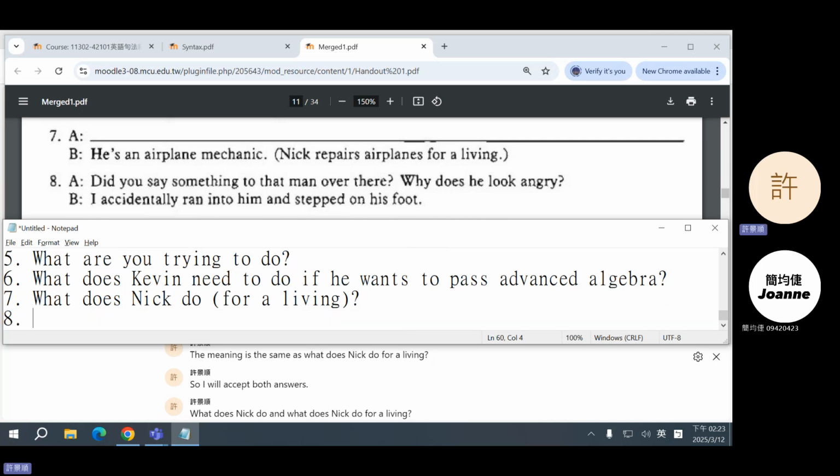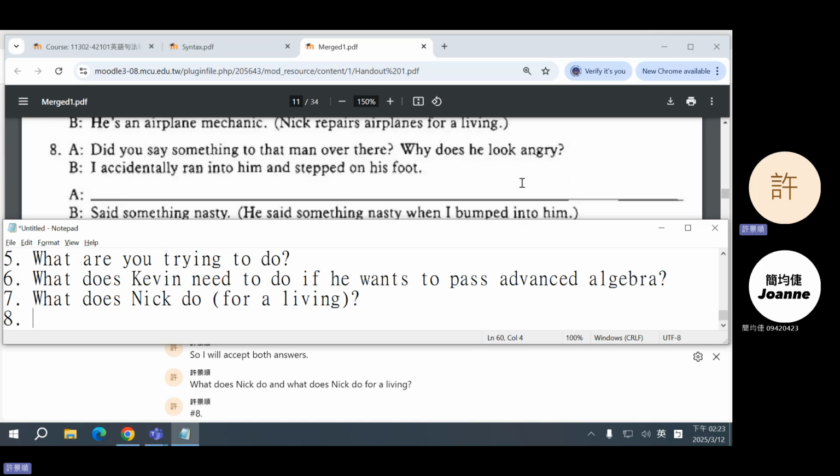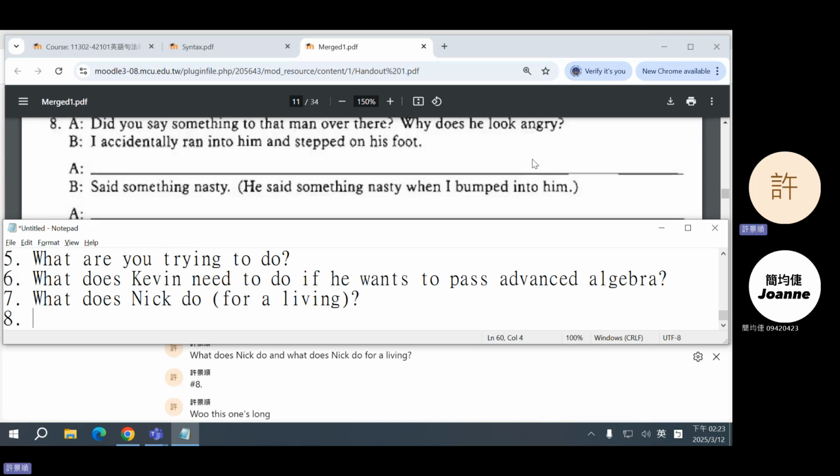Number 8. Ooh, this one's long. Did you say something to that man over there? Why does he look angry? I accidentally ran into him and stepped on his foot. Okay, that's the premise, 前情提要. Now, the answer is said something nasty. We have to begin with what? What?